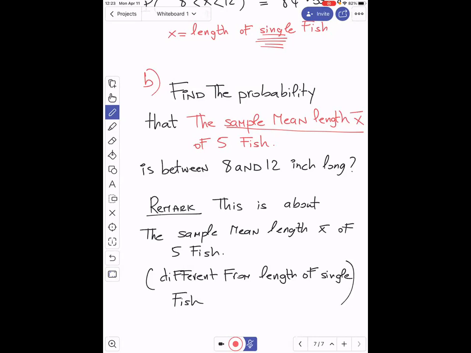We have this sample of 5 fish, and you want to find the probability that the mean length of the 5 fish is between 8 and 12. This is different from the previous question because that one was about the length of a single fish.